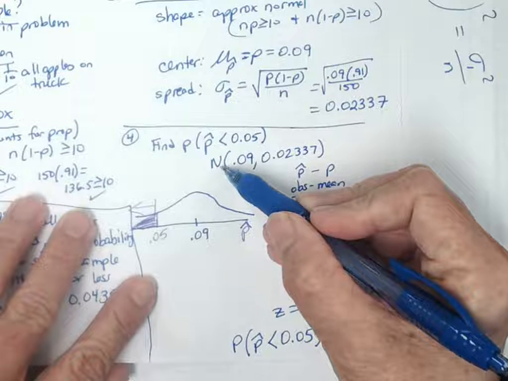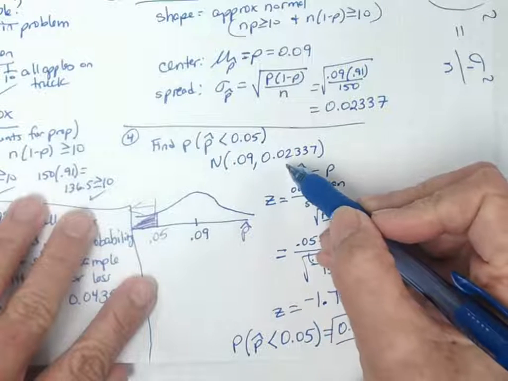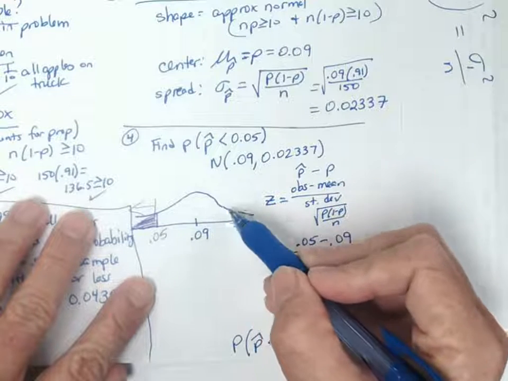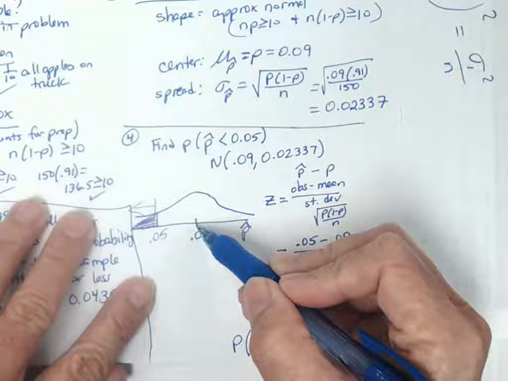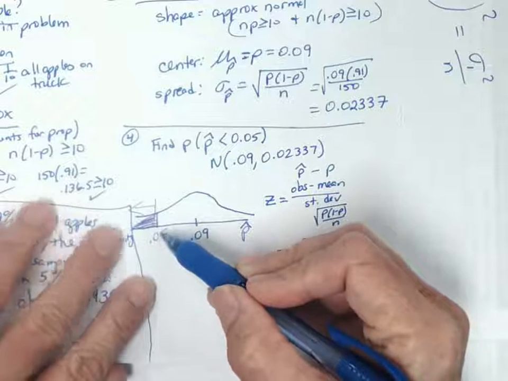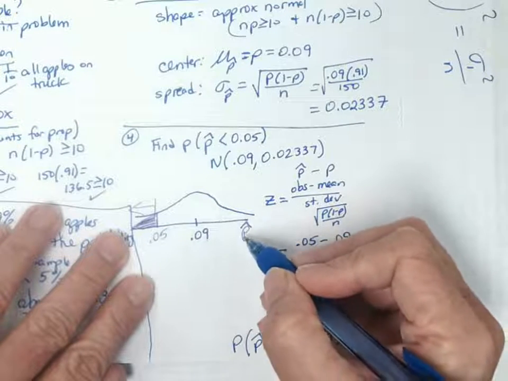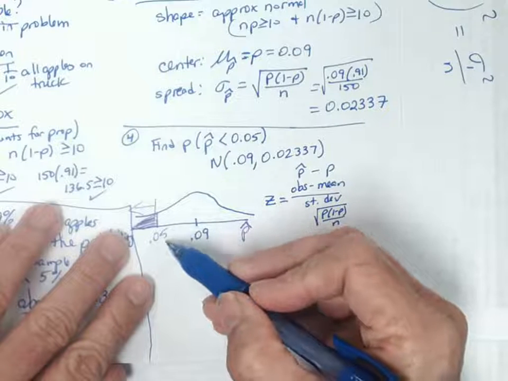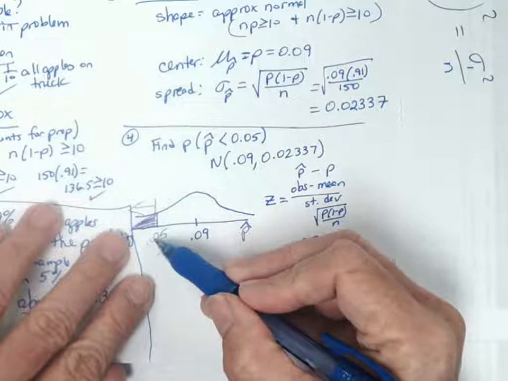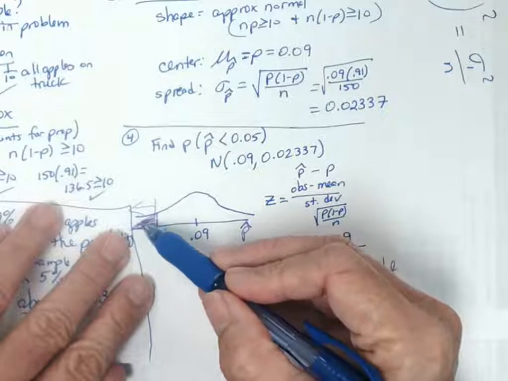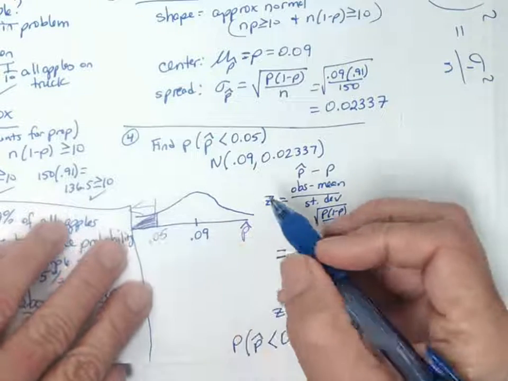We know that it's normal. The mean is 0.09. The standard deviation is 0.02337. Draw your normal curve, write in the mean value, and then draw in the value you're looking for. And we do want to label that the x-axis represents p hat. So what I'm looking for is a p hat value of 0.05. What is the probability of having that or less? So I want the value to the left.